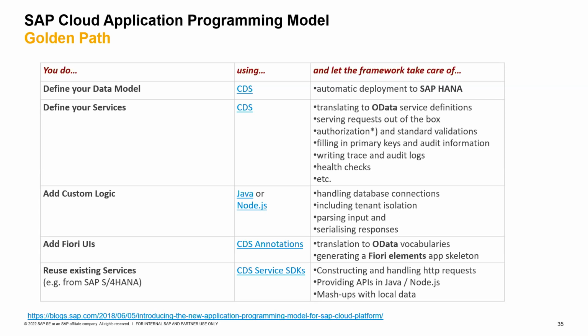Then you can also reuse the existing services from, for example, SAP S/4HANA using CDS service SDKs, and constructing and handling the HTTP request or providing APIs in Java, Node.js, mashups with local data. This will be taken care by the framework.